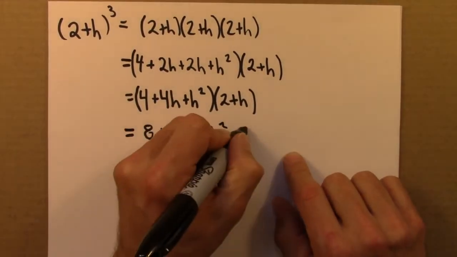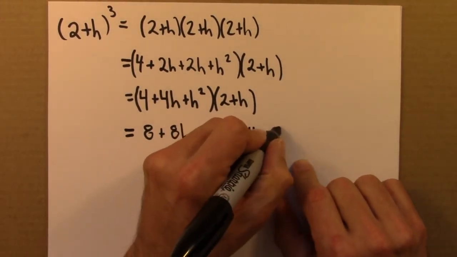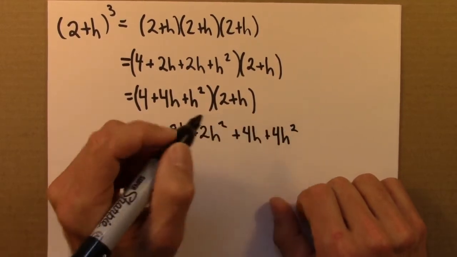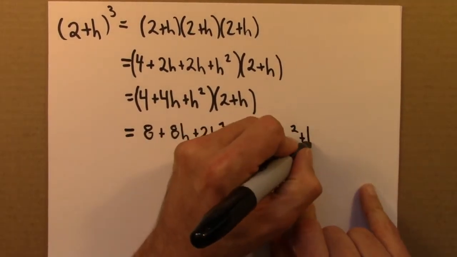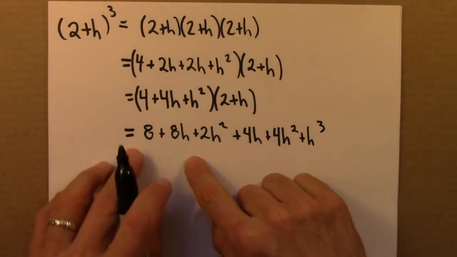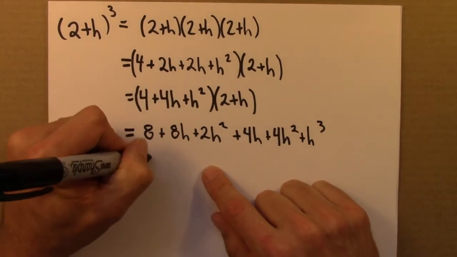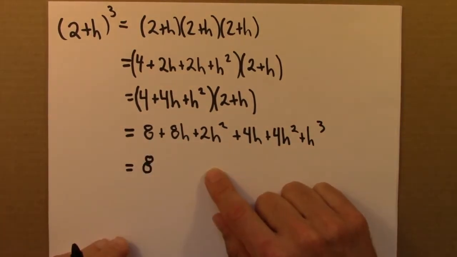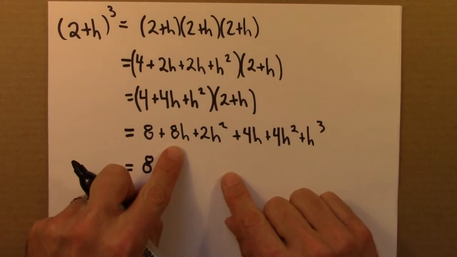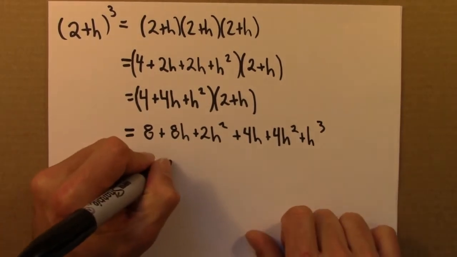And what do I get? I got 4h plus 4h squared plus h cubed. Okay, the last thing I'm going to do is group like terms. I've got 8. Then I want to get the h's together. I've got 8h and 4h. 8 plus 4 is 12.